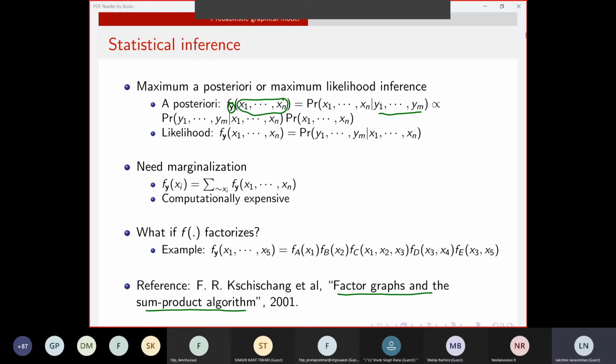In a typical MIMO system, let's say there is a transmitter which has n antennas, 1 to n. It will transmit a signal x, which is n cross 1.